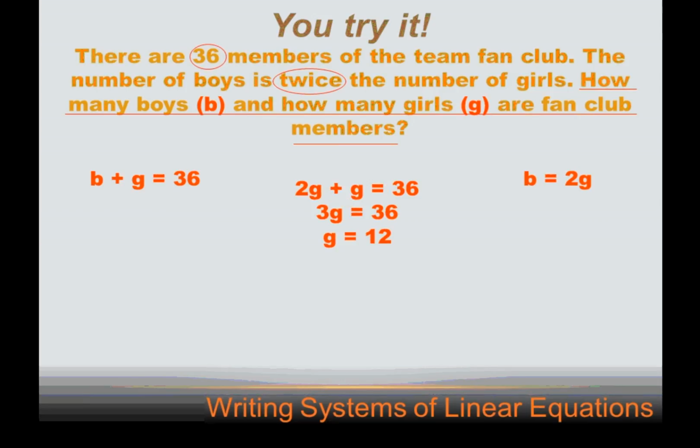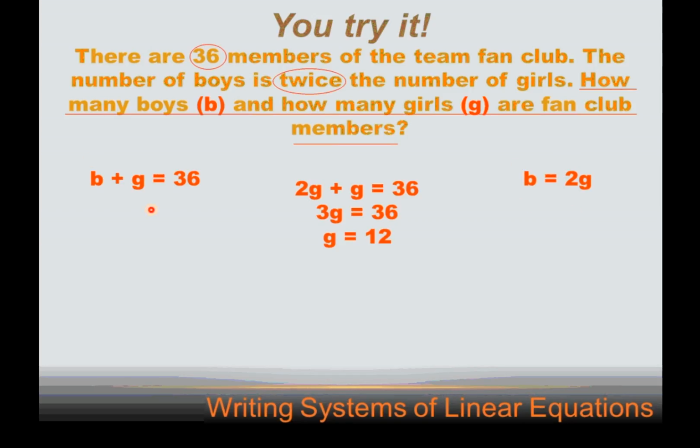And if I do that, I can use algebra to solve for the number of girls, and I come up with 12 girls. So now we've answered a big part of the question, about half of it, how many girls were in the fan club. But we still need to know how many boys there are in the fan club. Well, we know how many girls there are, and we know that 2 times the girls equals the boys.